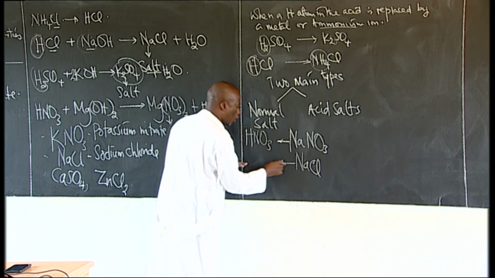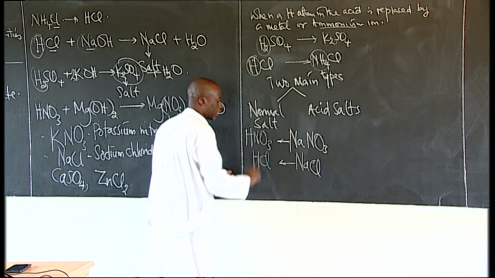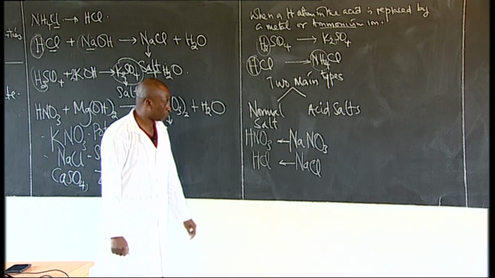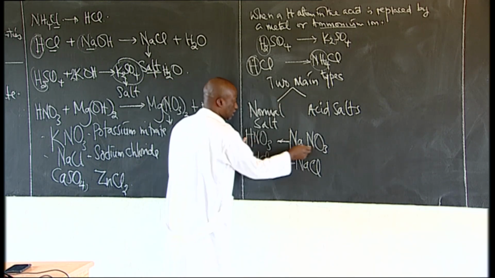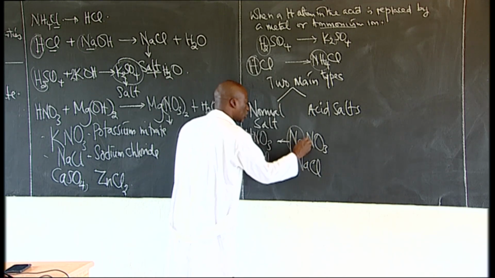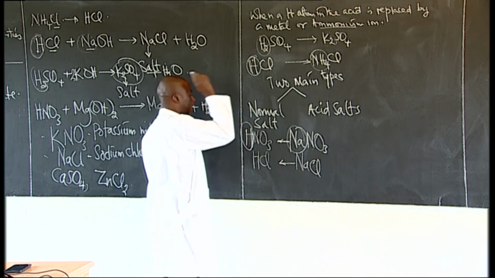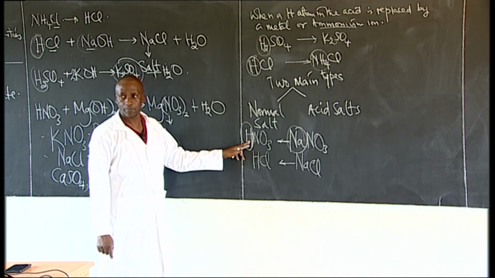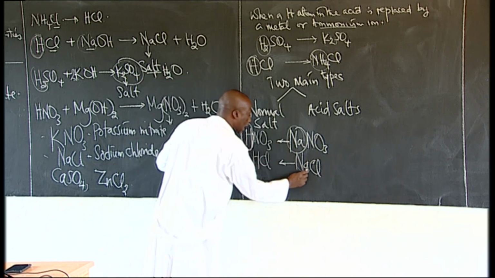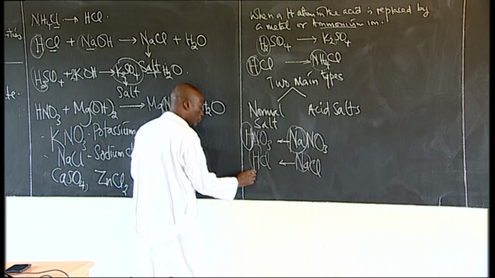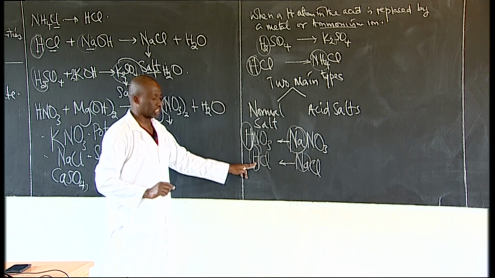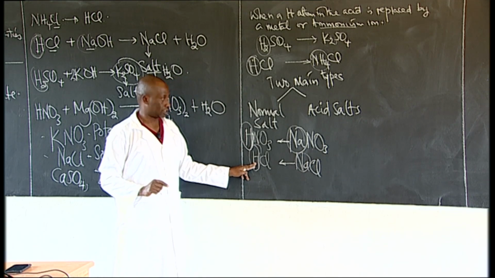This one is formed from hydrochloric acid. And what is happening? When you look at this sodium chloride, the sodium metal has completely replaced the hydrogen ions. The sodium here in sodium chloride completely replaces the hydrogen from the hydrochloric acid.